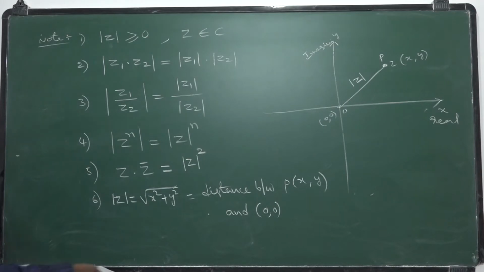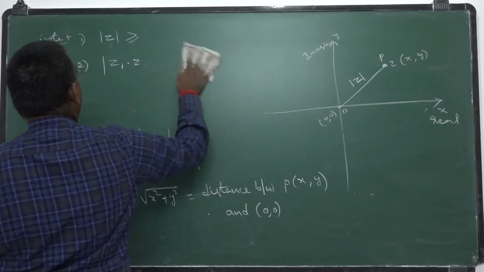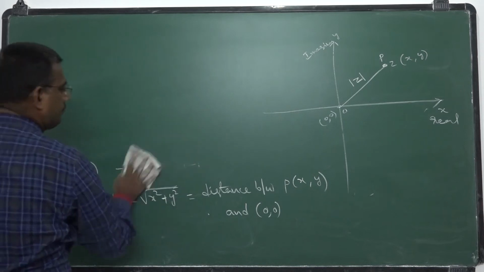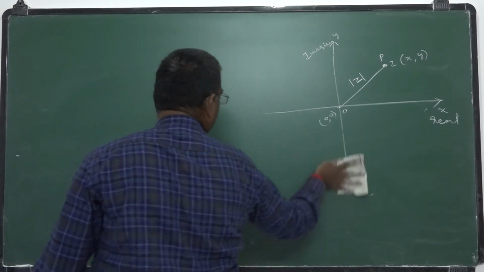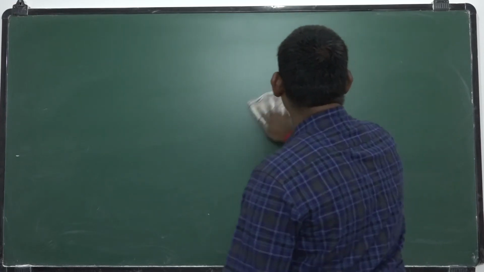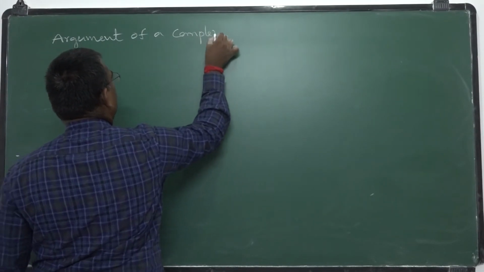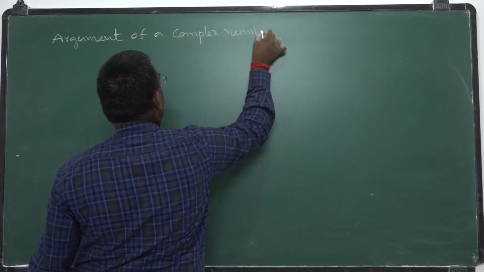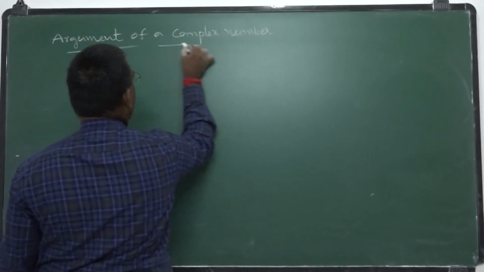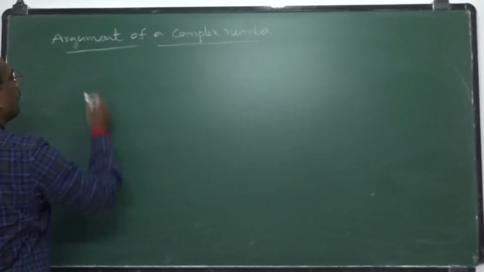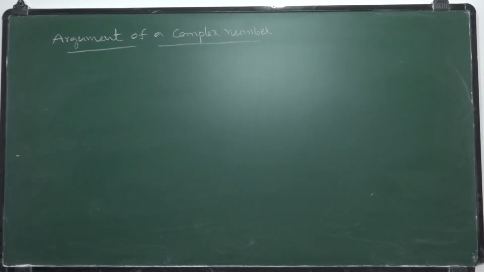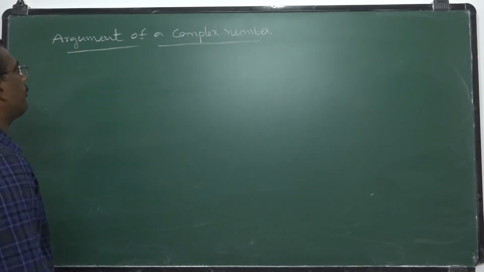Now we discuss argument of a complex number, or amplitude. Another name of argument is amplitude of a complex number.